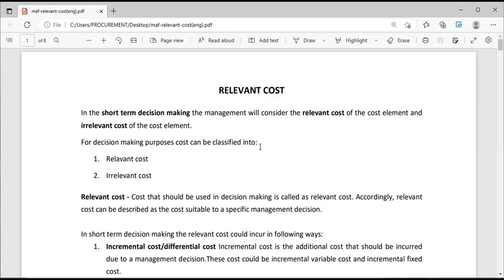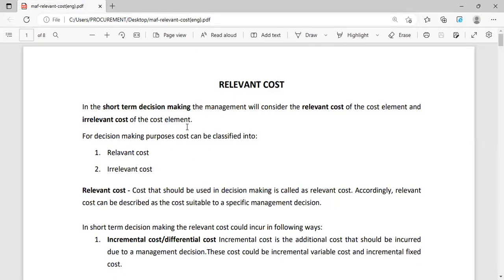What we are saying is that any time management wants to make a decision, they will consider the relevant cost to a particular project, and they will as well consider the irrelevant cost elements in that particular project.